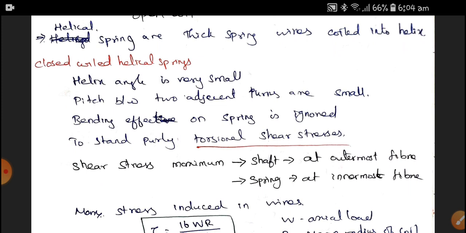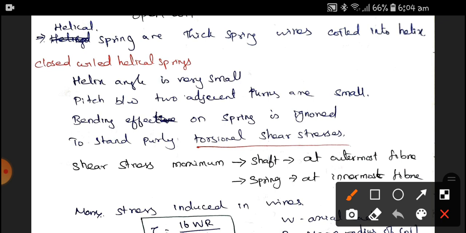Next, the closed coil helical spring withstands purely torsional shear stress, and the open coil also withstands purely torsional shear stress. Here, I would like to quote an equation, the torsional equation.